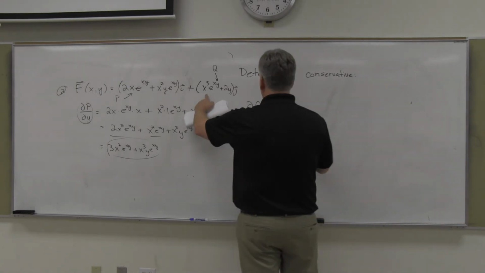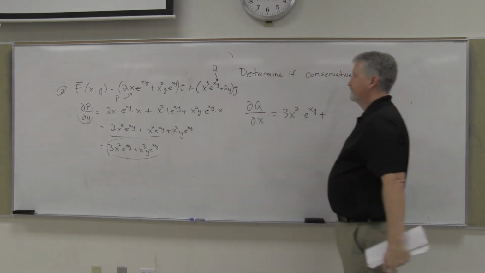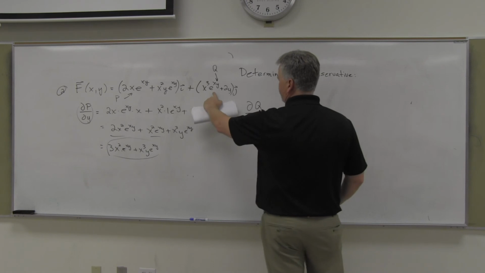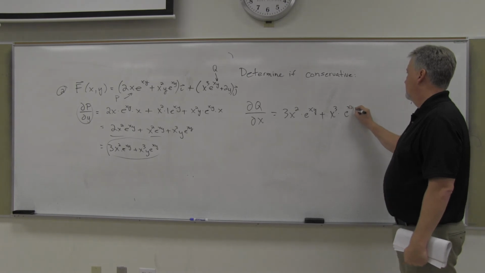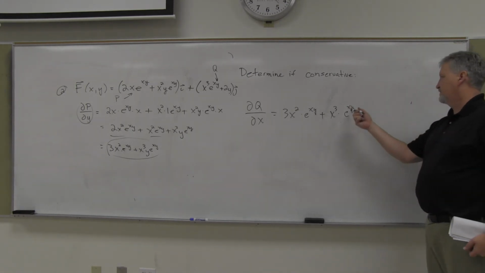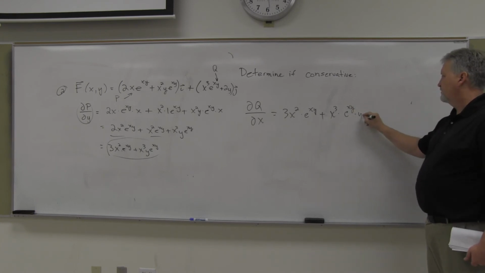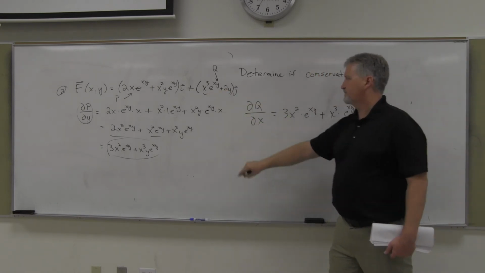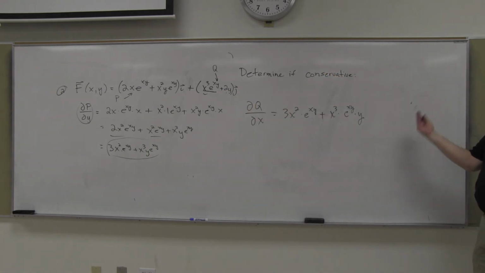The derivative of x cubed is 3x squared e to the xy, and then the x cubed times the derivative of e to the xy, which is e to the xy times the derivative of the power with respect to x, which is y. The second part is easy: it's 0 because y is considered to be fixed.